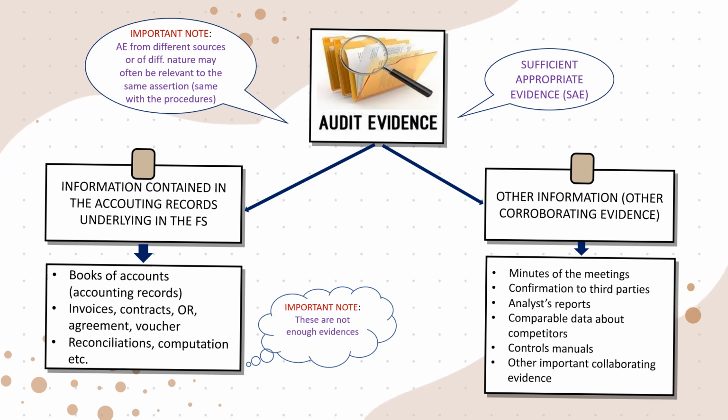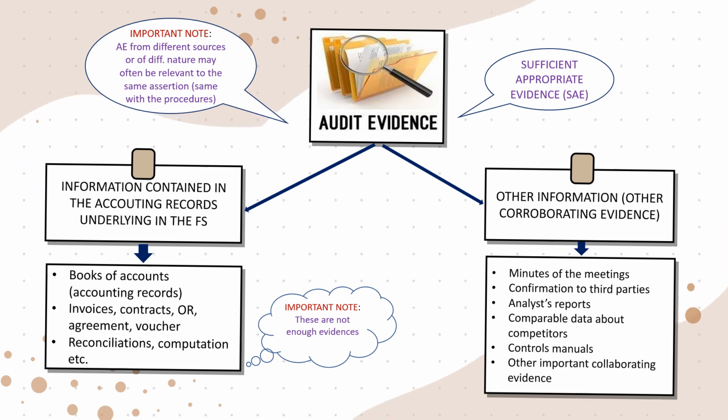So number two, confirmation to third parties. Like yung sinabi ko kanina na nagsisend ka ng confirmation letter sa bangko or nagsisend ka ng confirmation sa supplier or in legal. Kung meron silang third party, makikita doon kung may case ka o wala.